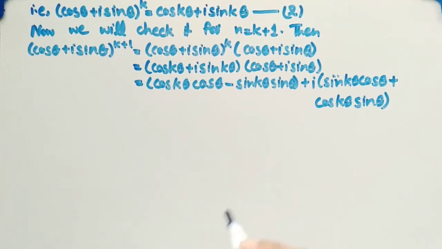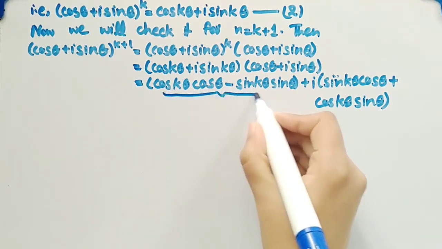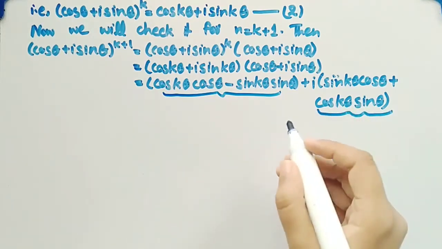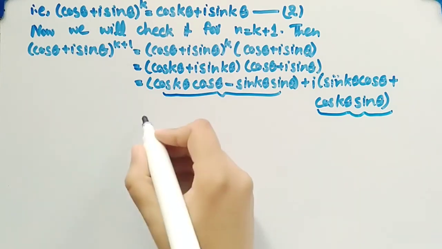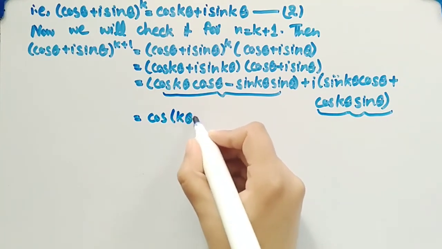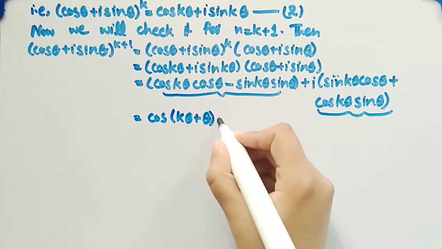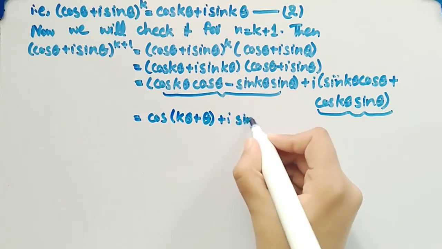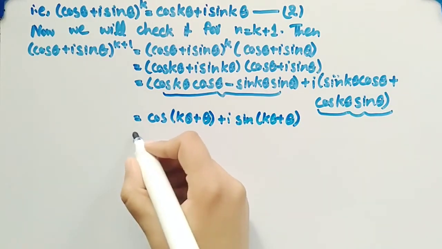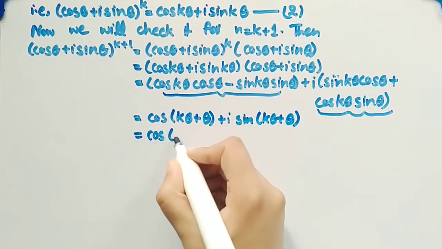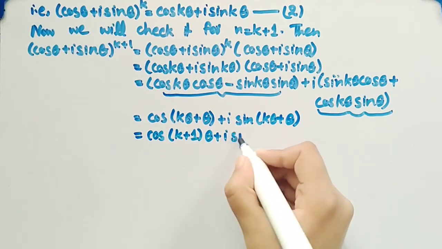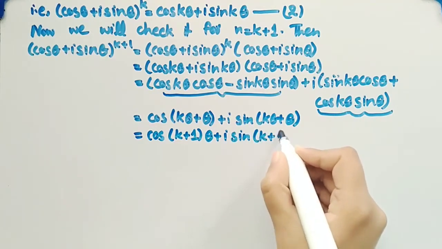From trigonometry, we know that this is the formula of cos (k theta plus theta), and this is the formula of sin (k theta plus theta). So we can write it as cos (k theta plus theta) plus iota sin (k theta plus theta), and we can rewrite it as cos (k plus 1) theta plus iota sin (k plus 1) theta.